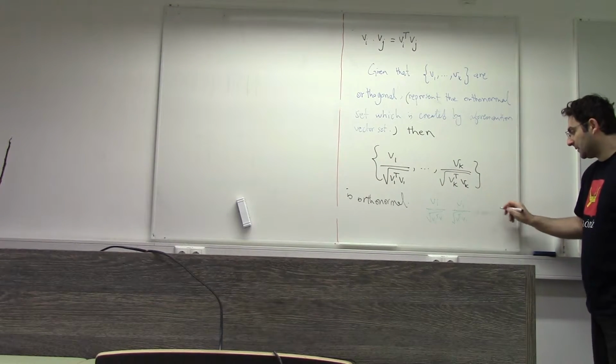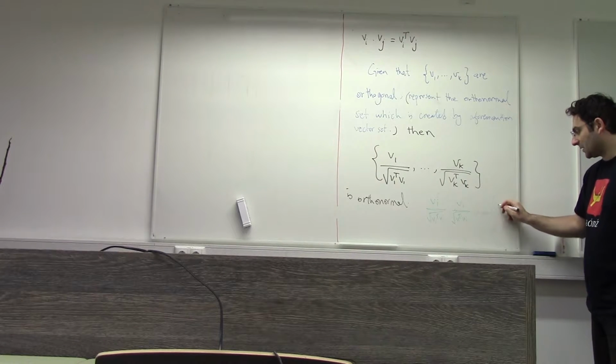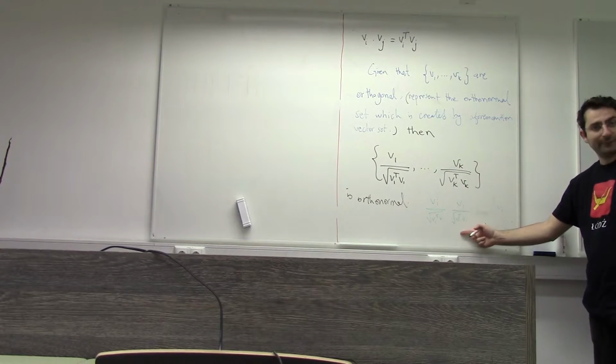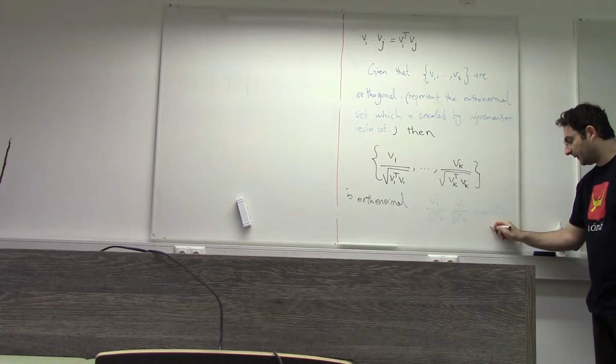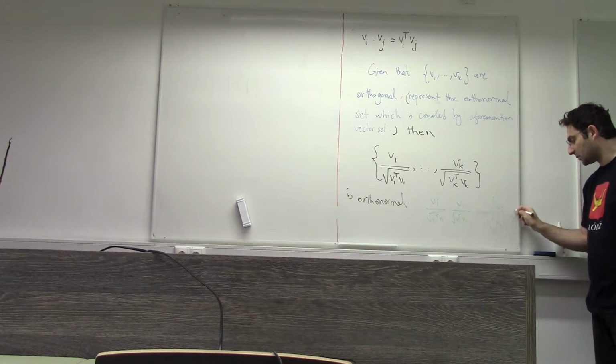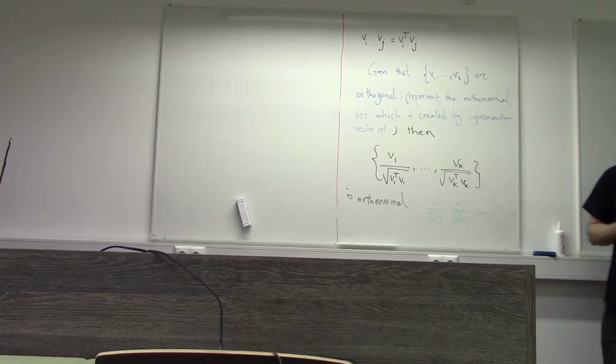So what happens in the numerator, we have vi transpose vi. Here we have two of these multiplied by each other, which will be vi transpose vi, which is 1. Right?